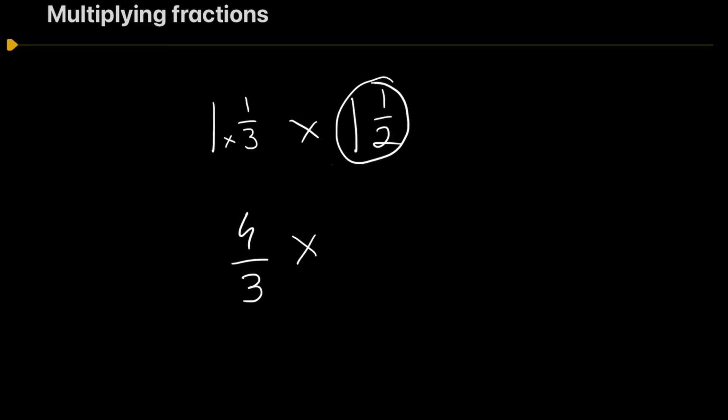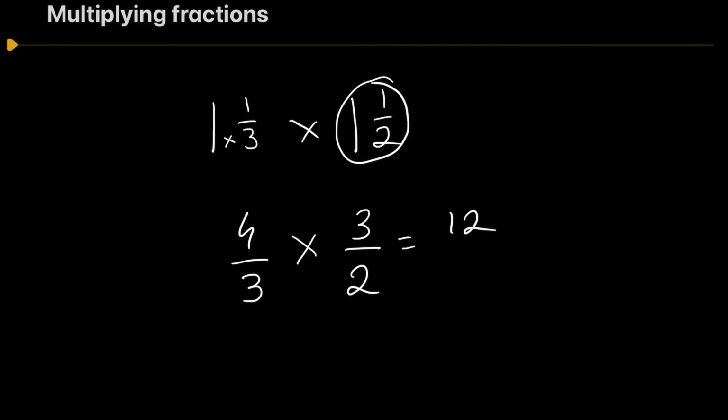So it's 2 into 1, which is 2, and then add 1, which is 3. So 3/2. Here you can either cancel both the 3's like that, or you can do it by multiplying the numerators and then the denominators.